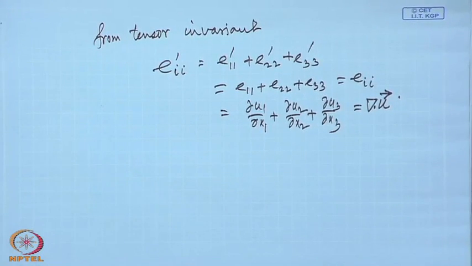Then think about a sphere. Let us say that this sphere has this motion. The center of the sphere is at x and its circumference is at all those points x plus r. Now, what will happen to this sphere?